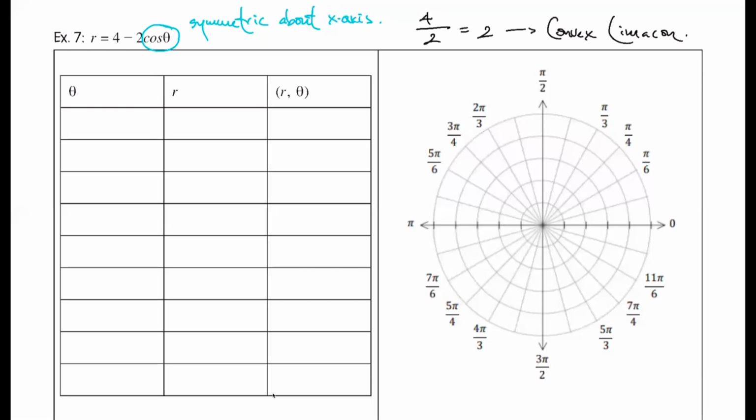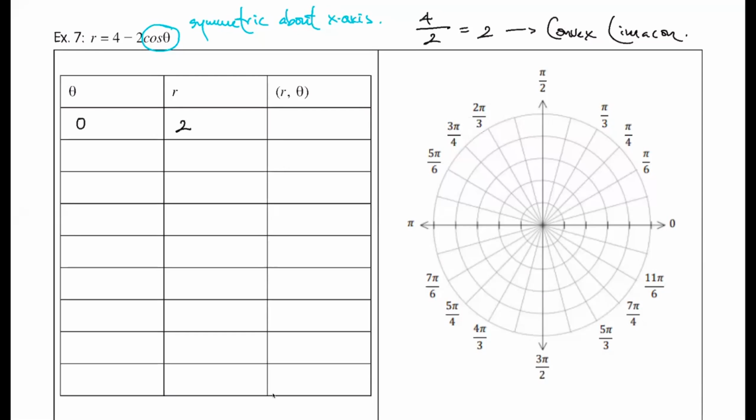All right. So we kind of know what it's going to look like. To figure out exactly how big this is, like how far out does it go on the x-axis, how far up does it go on the y, let's plot some points. I think it's always nice to throw the 0 in there. So I put in 0. Cosine of 0 is 1. So 4 minus 2 gives us 2.